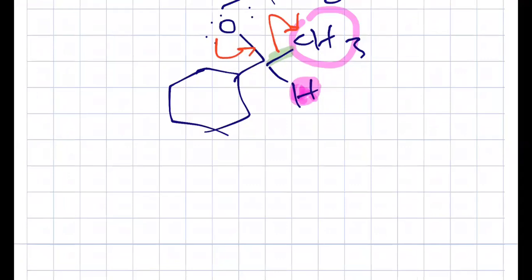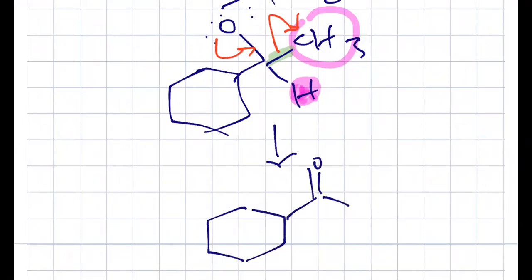What should I get from that? It's going to be a double bond with hydrogen, so I get an aldehyde. Is that right? Plus what? CH3 minus. Is that right? And then you already know, because this is negative, that's what my Grignard is going to be.